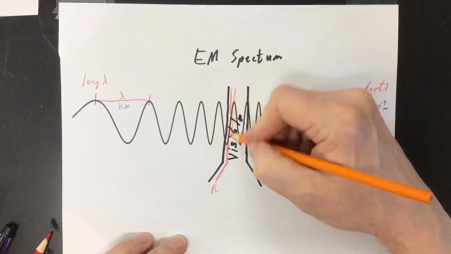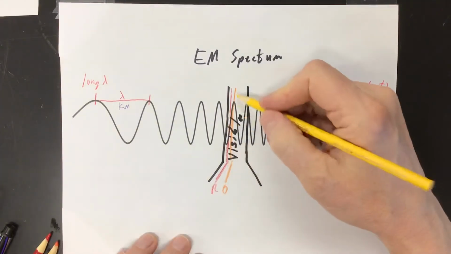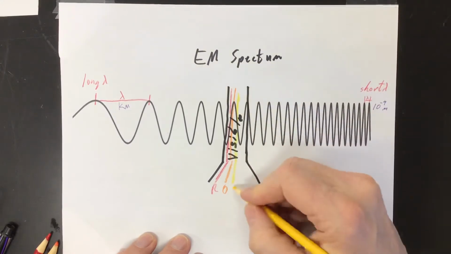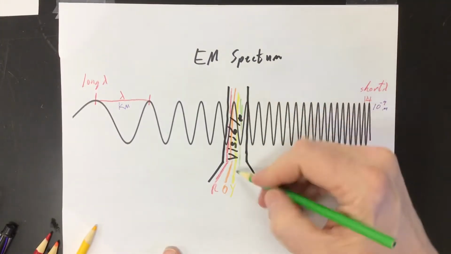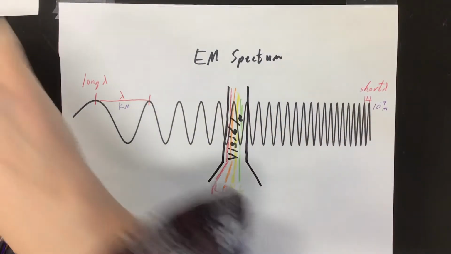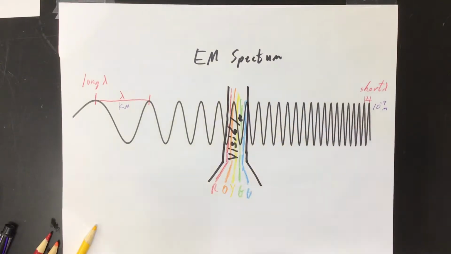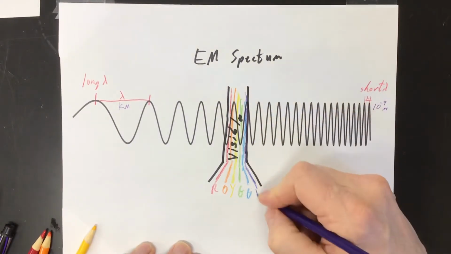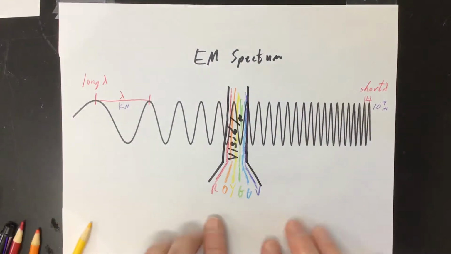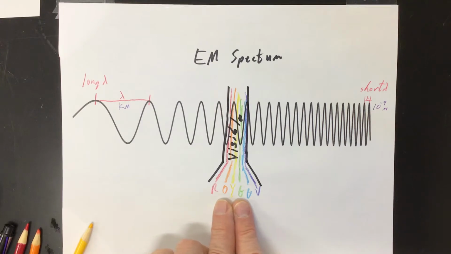And then a little bit shorter wavelength, orange light, yellow, green, blue, and violet light.